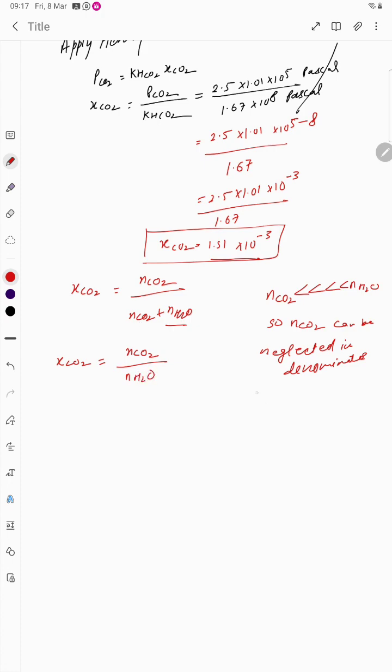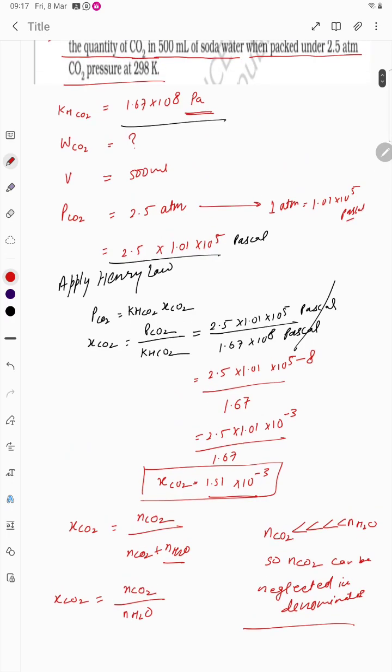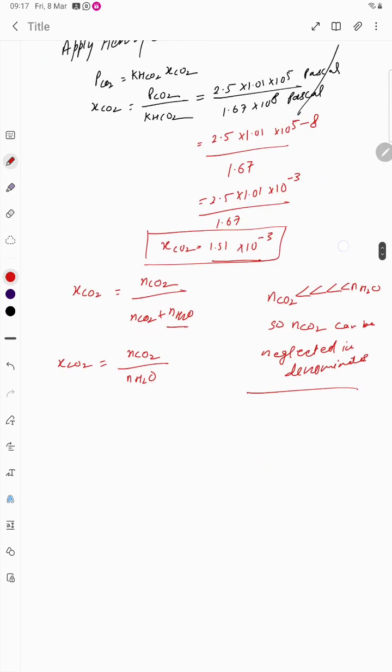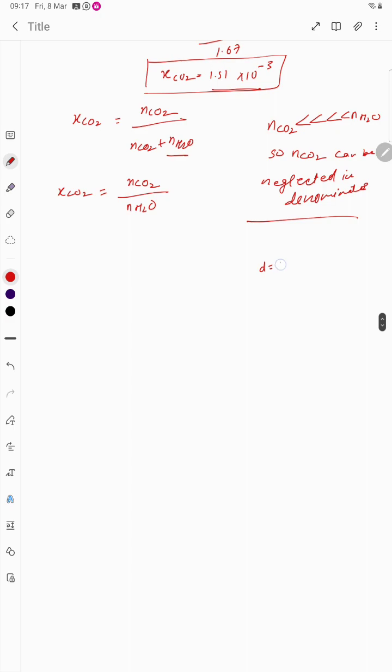The total volume of water given is 500 ml. Density D is equal to M by V, so M is equal to D into V. Density of water is 1, volume is 500, so mass is 500 gram. So n_H2O is the given mass upon the molar mass, 500 divided by 18, which comes to 27.7 mole.